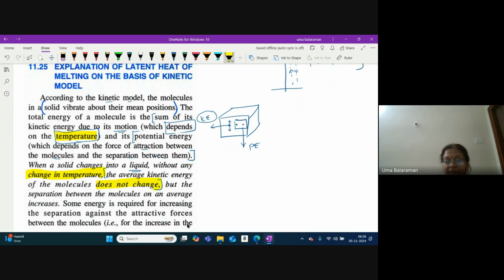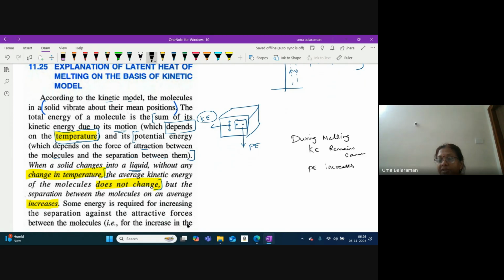But the separation between molecules increases. This can be another reason question. So during melting, kinetic energy remains the same because temperature is the same, and potential energy increases. So we have the law of conservation of energy.